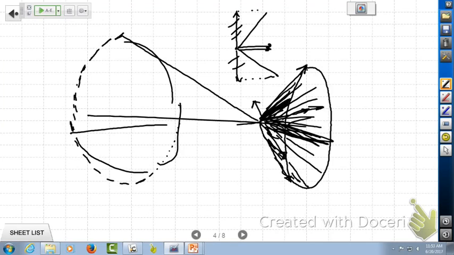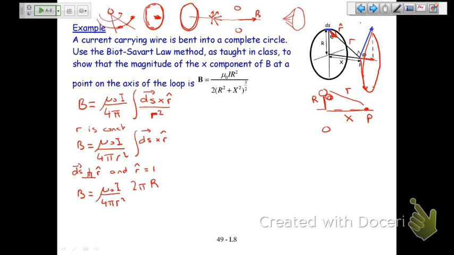So I only end up with an x component. There's no y component or z component. There's only an x component. Yeah? So with that said, I can come back here and I can say, okay, so that means that I want to take this value, which is for one of them, and I want to multiply it by the cosine of my angle.